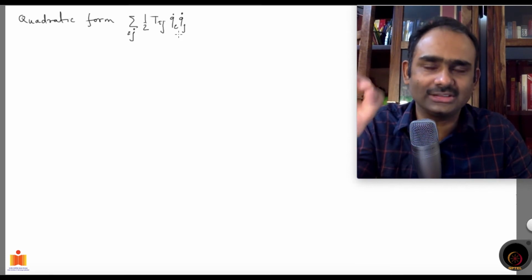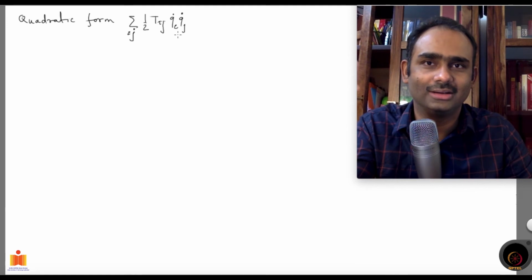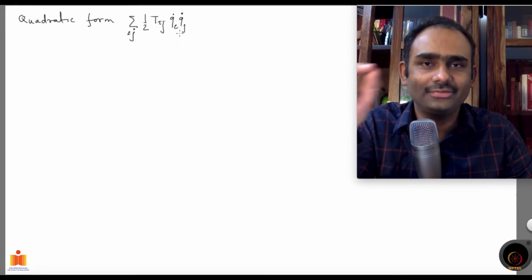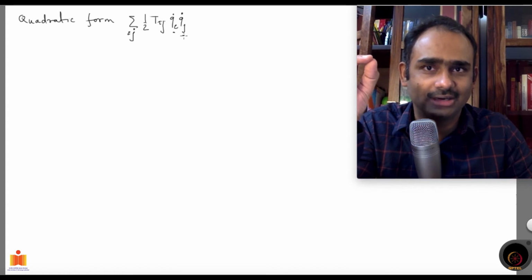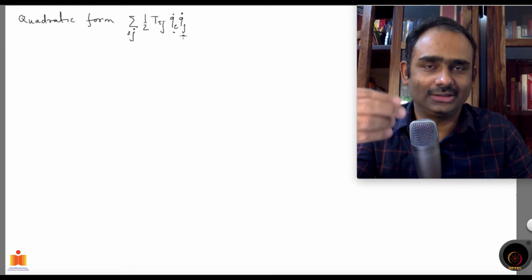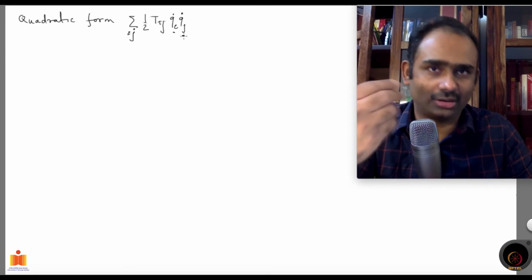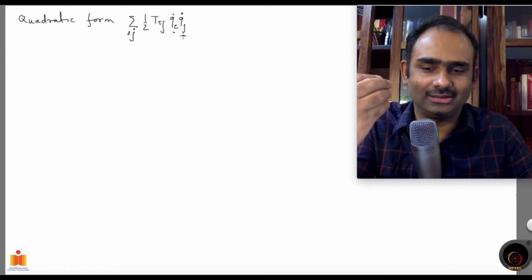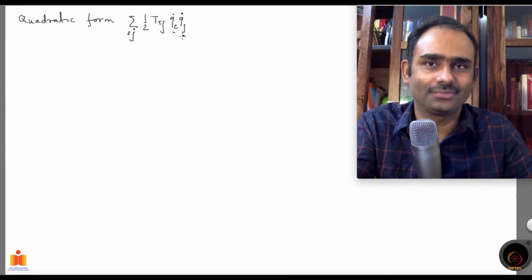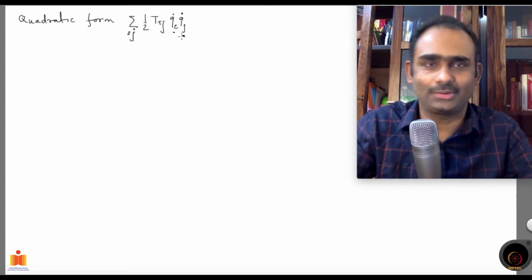Now if this represents kinetic energy, then if these velocities are not 0, if your coordinates are really moving, they have some velocity, then the kinetic energy has to be positive, right?